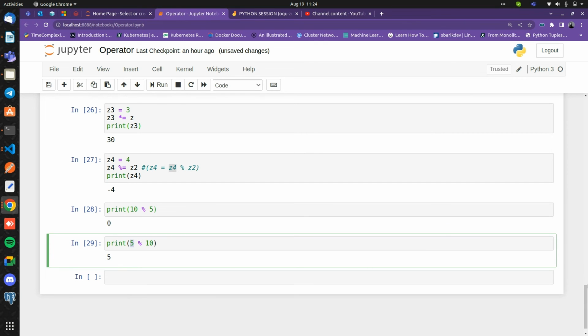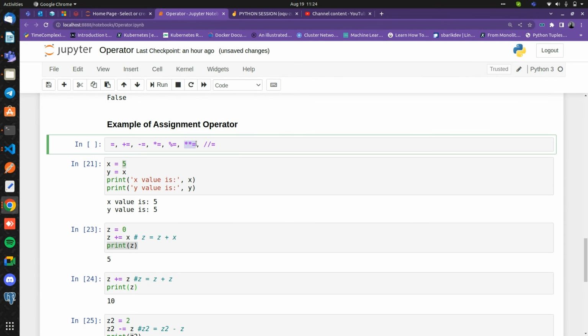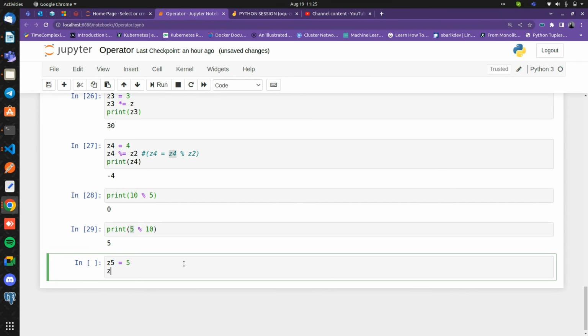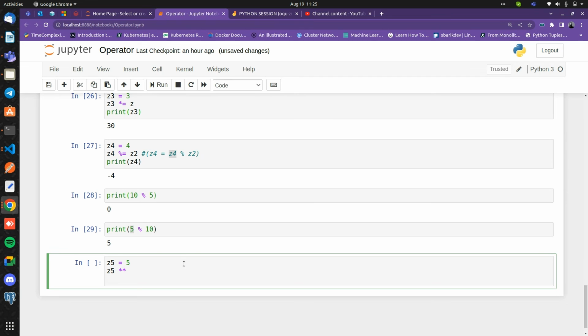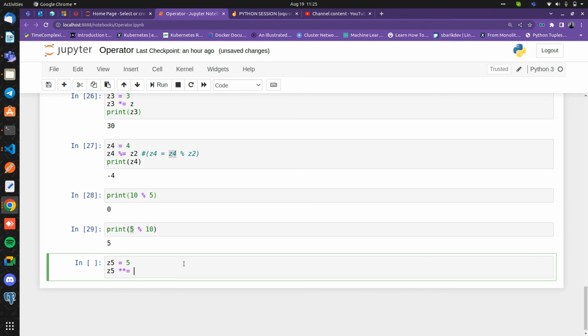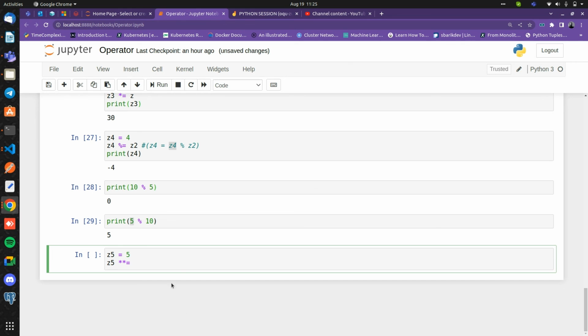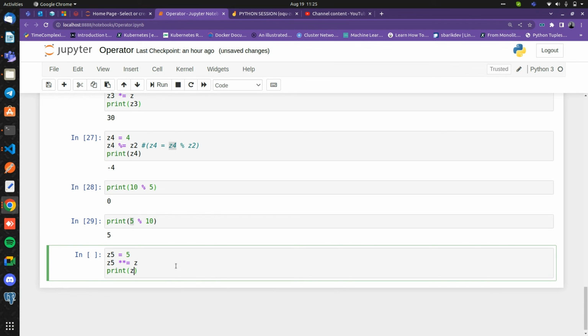Next is exponential equal to. Let's say Z5 equal to 5 and Z5 exponential equal to, let's say, here is my Z, the smallest number, let's say Z. We're going to print Z5.